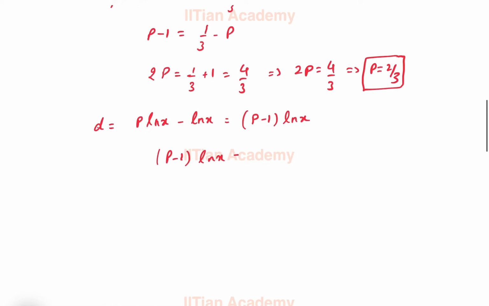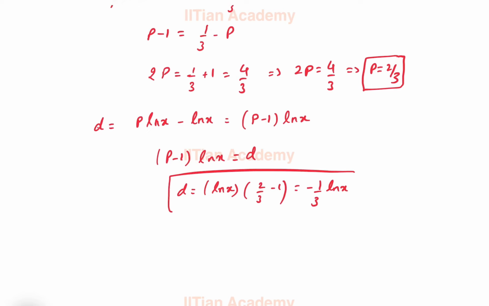Now, equating this p minus 1 into natural log of x to d. Now, do we know the d? We know the value of p, so we can write d as natural log of x into 2 by 3 minus 1.